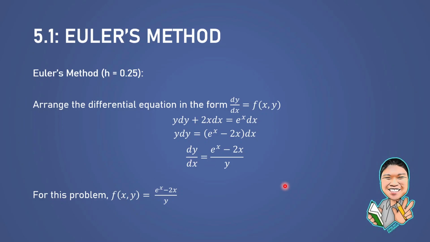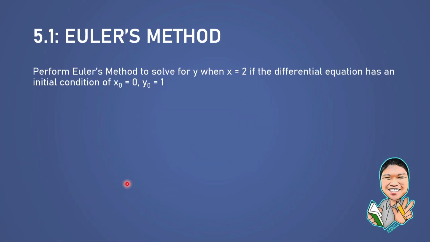Take note, let me just recall, our goal in this problem is y is equal to what when x is equal to 2. So this is the goal of this video. Therefore, perform Euler's method to solve for y when x equals 2, if the differential equation has an initial condition of x0 equals 0 and y0 equals 1.